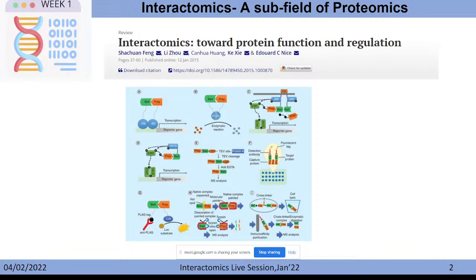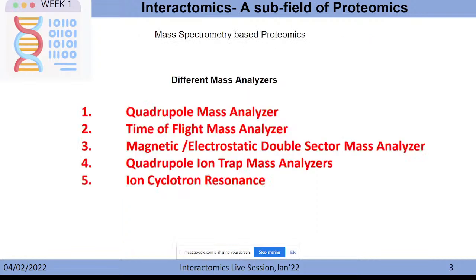This is just a part of it. Firstly, you need to identify your protein of interest, the protein whose interactions you want to find out, and then apply the different processes and methods to identify those different proteins.